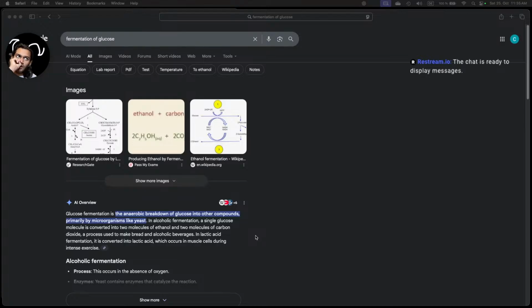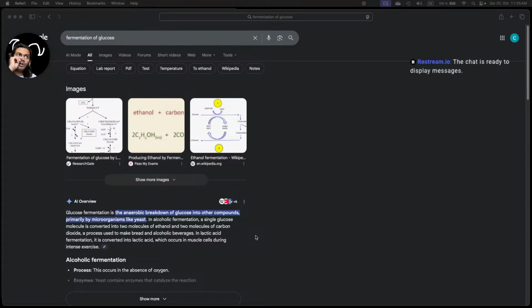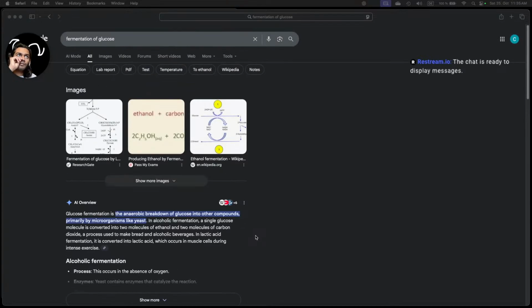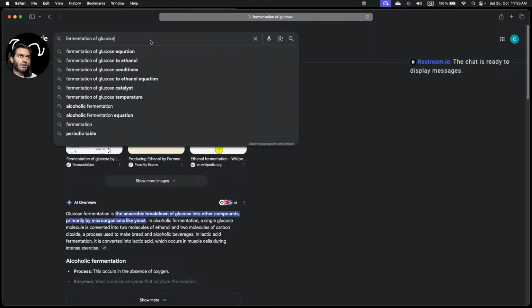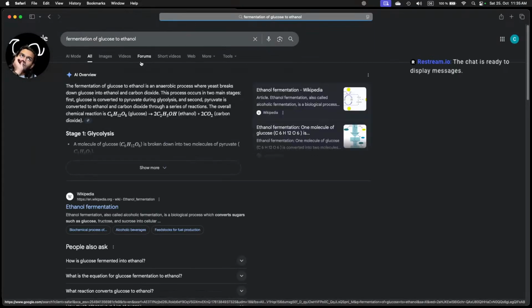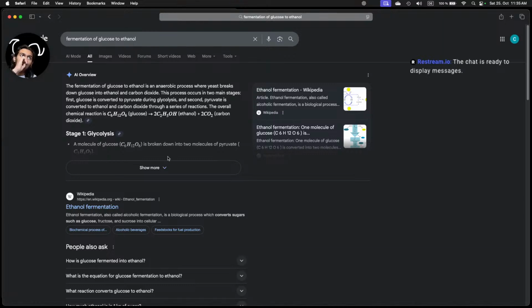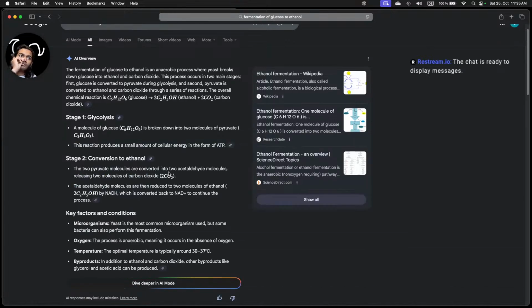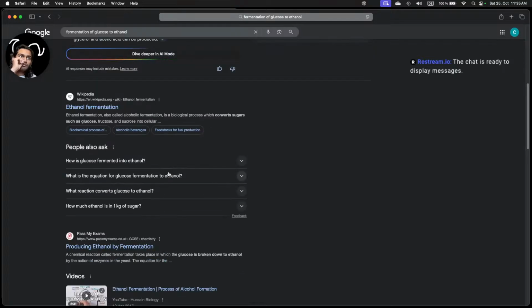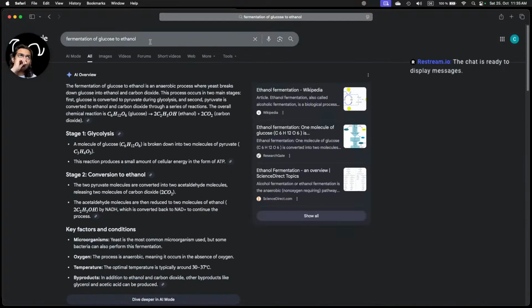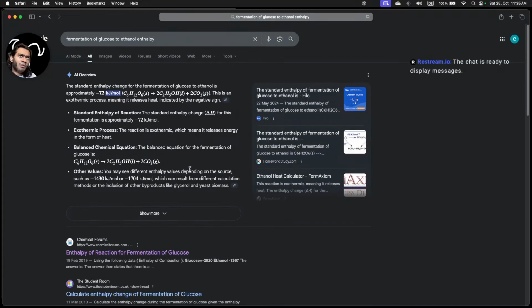In alcoholic fermentation, a single glucose. No, no, I want to know the enthalpy. Minus 72 kilojoules.